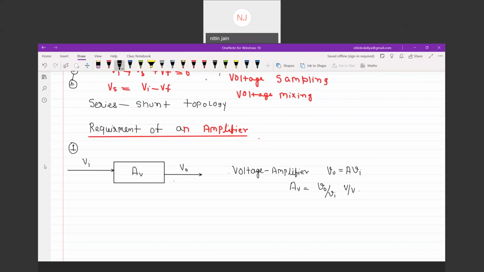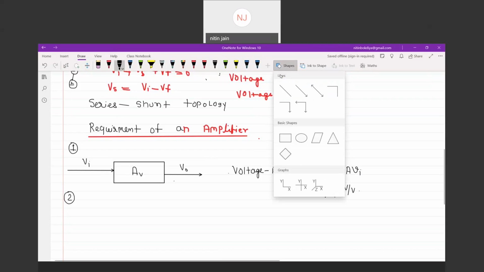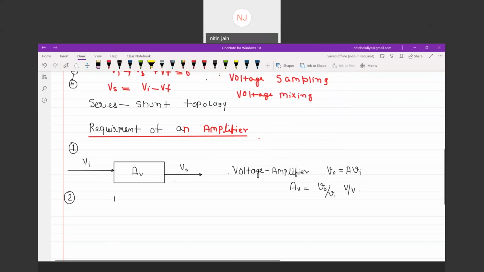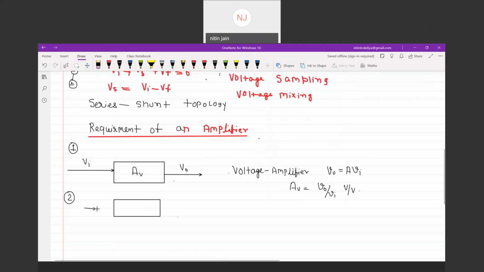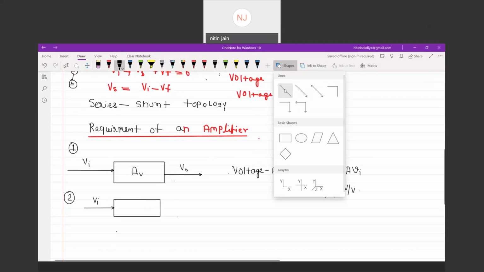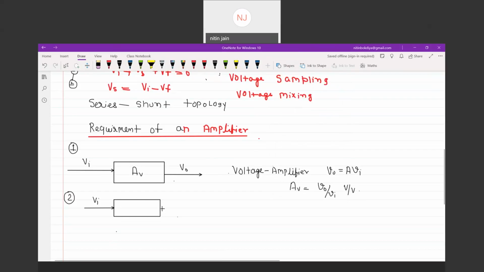What is the second amplifier? Input is voltage and output is current, and this is AG.